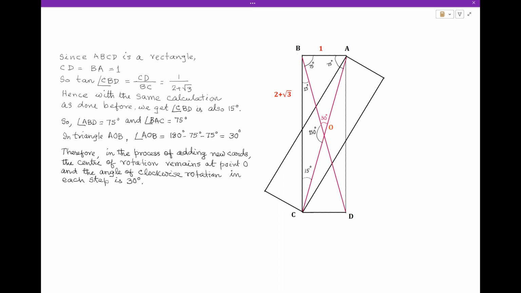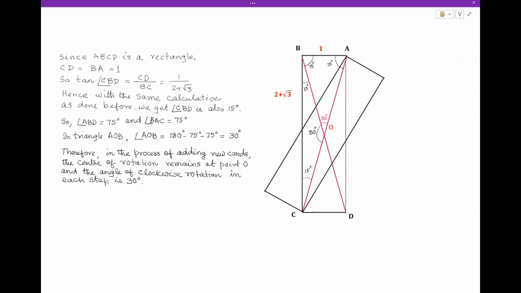In triangle AOB, angle AOB is equal to 180 degree minus 75 degree minus 75 degree. Why? Because this angle is 75 degree, this angle is 75 degree. So, in this triangle, this angle will be 180 degree minus this angle minus this angle.